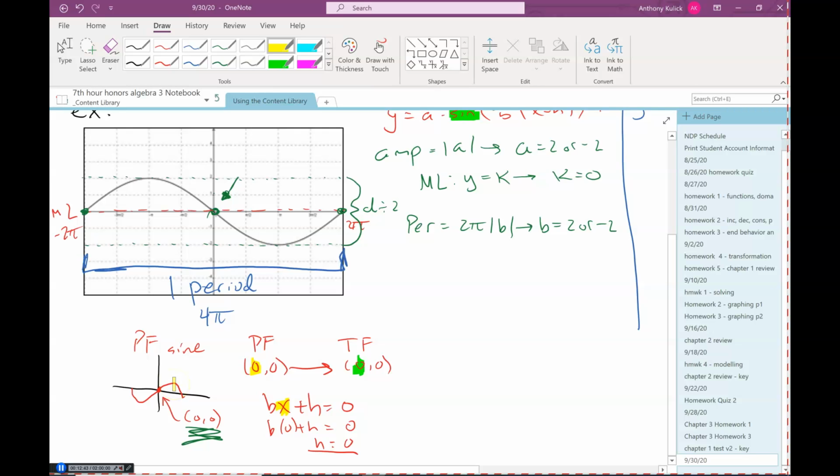So what does that tell me? It tells me that a reflection has taken place, right? What kind of a reflection has taken place? It's across the x-axis, or it could have been across the y-axis.